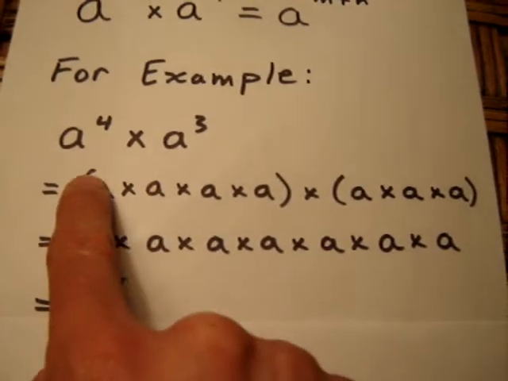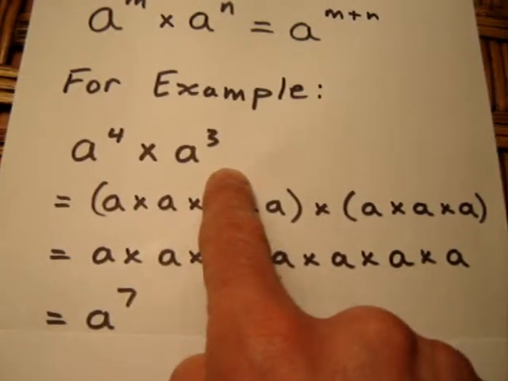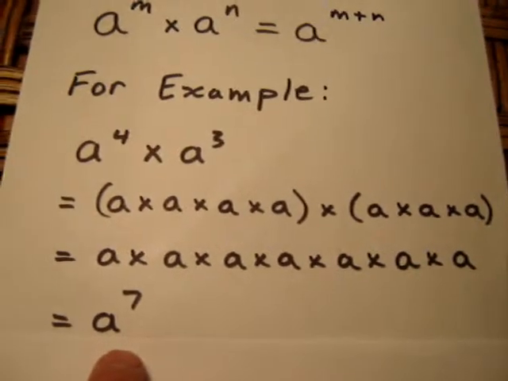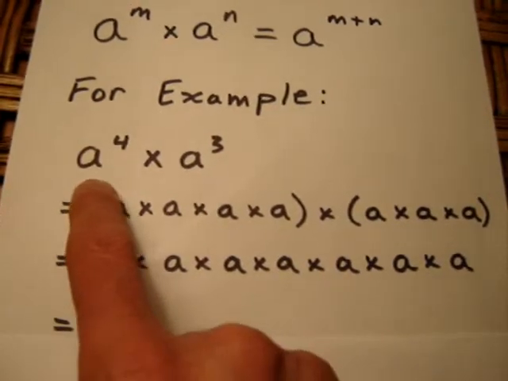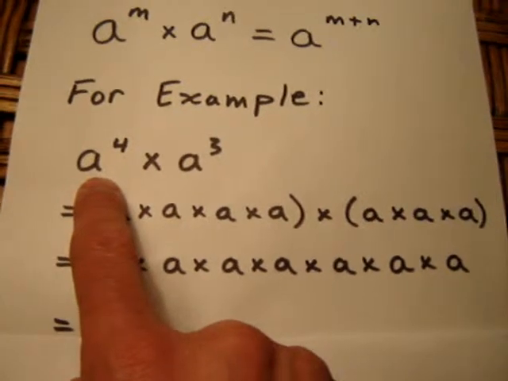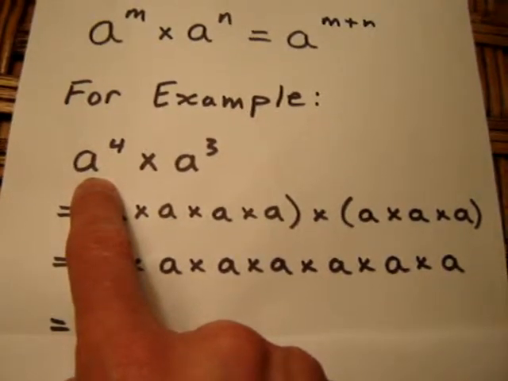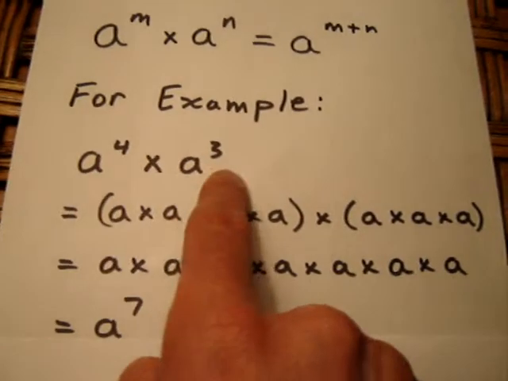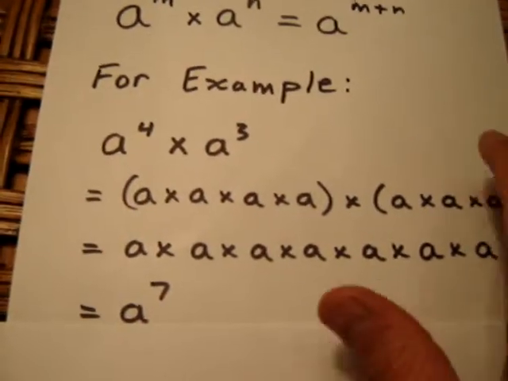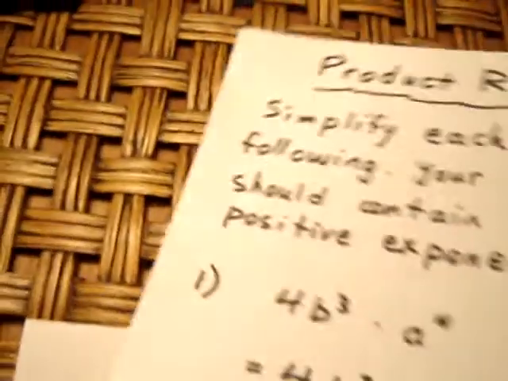And so we see that a to the 4 times a to the 3, when we expand it out, equals a to the 7. And that's what our law says. Our law says that if we have like bases and we multiply the powers, we will simply have to add the exponents.